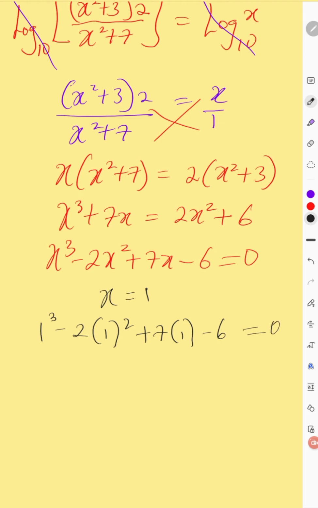If it is equal to 0, it means that x equal to 1 is a zero of this polynomial. 1 to the power of 3 is 1, minus 1 squared is 1 times 2 is 2, 7 times 1 is 7, then minus 6. Now, 1 plus 7 is 8, minus 2, minus 6 is minus 8, and you see that both sides are giving us 0. Therefore, x minus 1 is a zero.